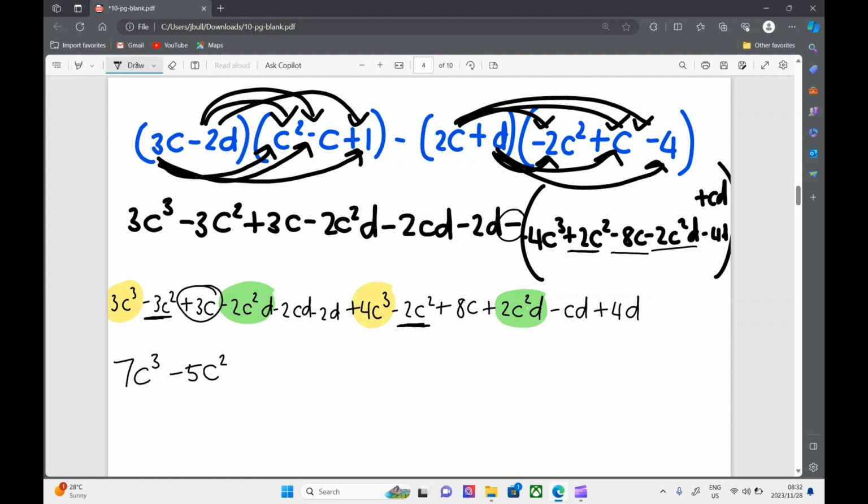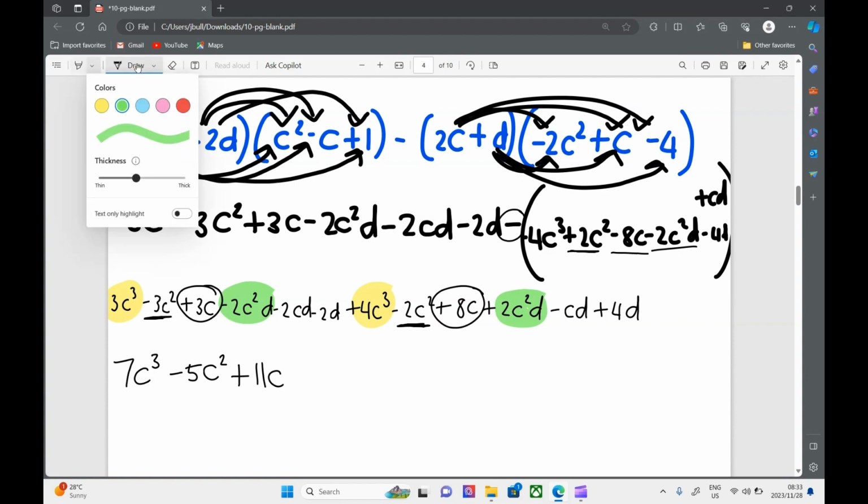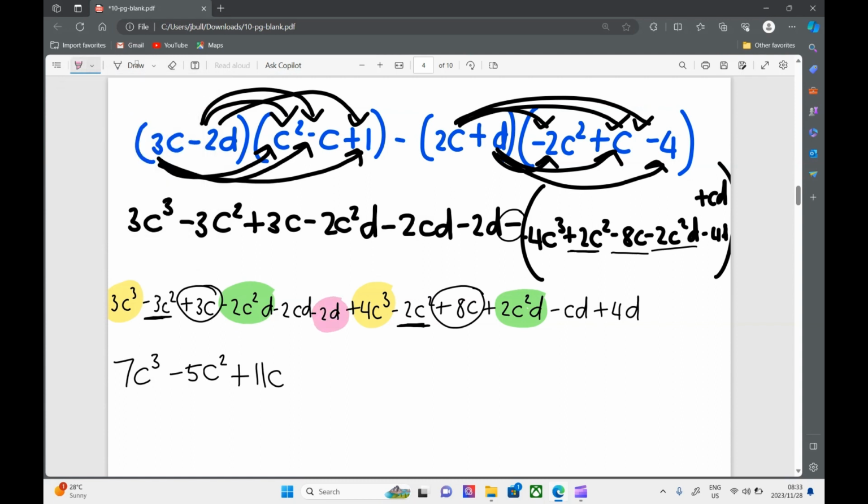So 3c plus 8c is going to be 11c. Then let's do just the d terms. So I've got minus 2d and plus 4d. So minus 2 plus 4 is going to be plus 2d.